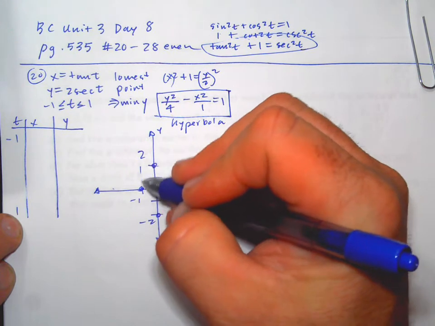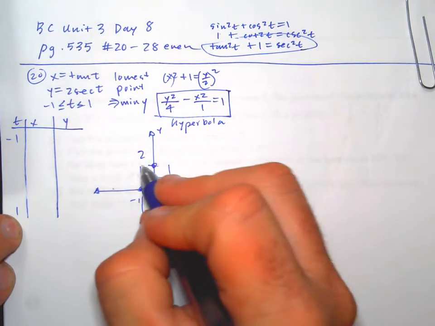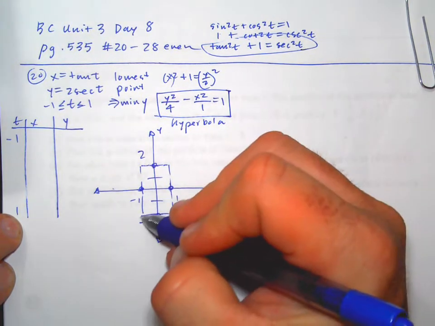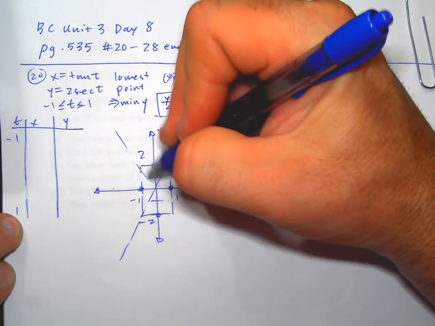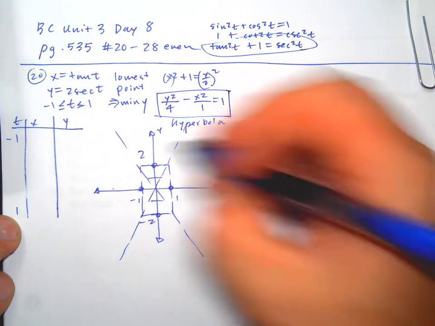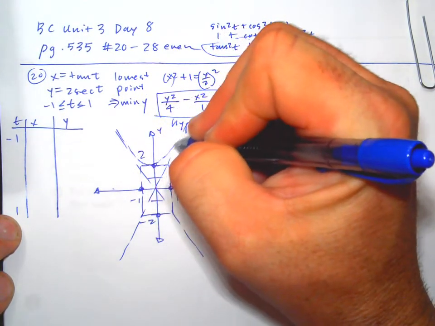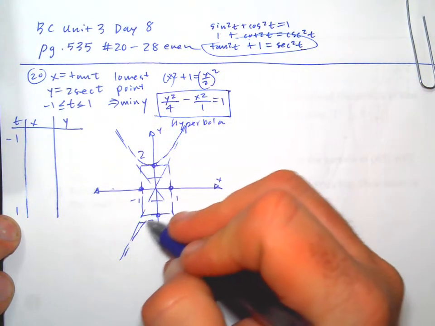It's a hyperbola. Draw a box. Draw a diagonal. This one's going to be up, down, because the y squared term is positive.